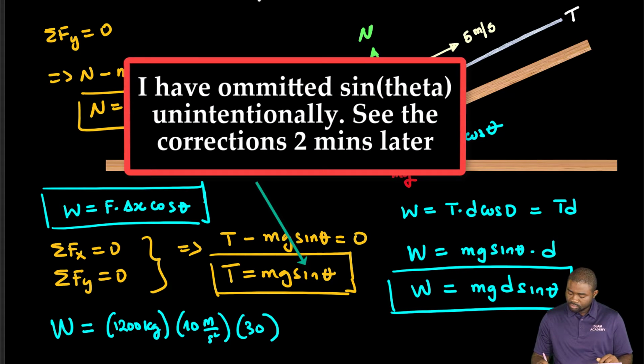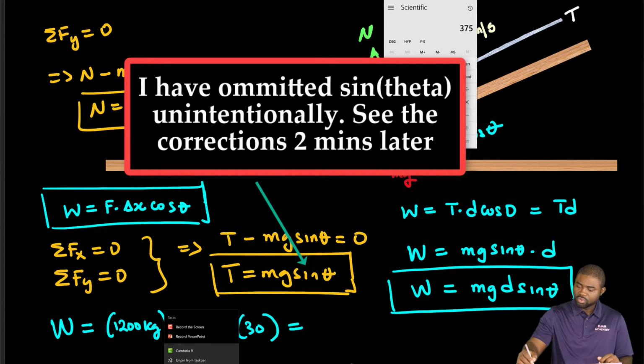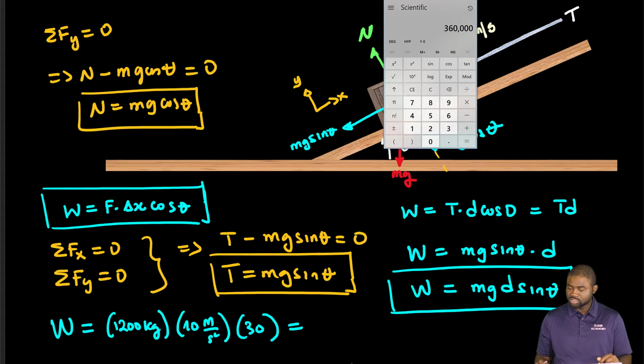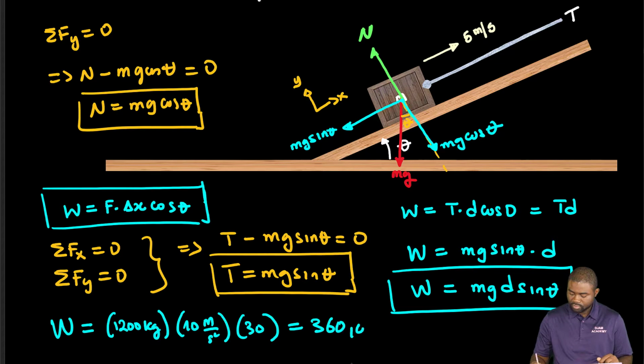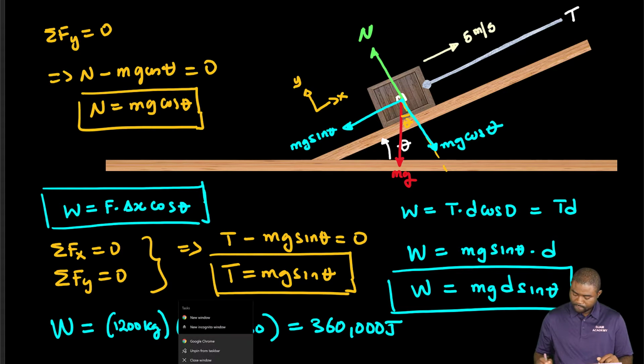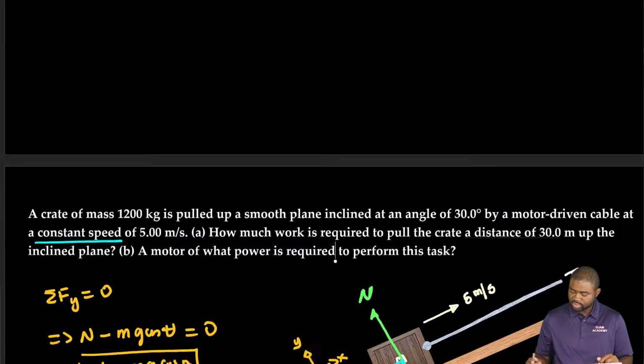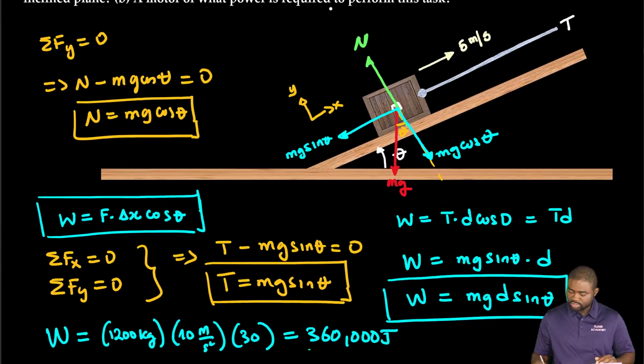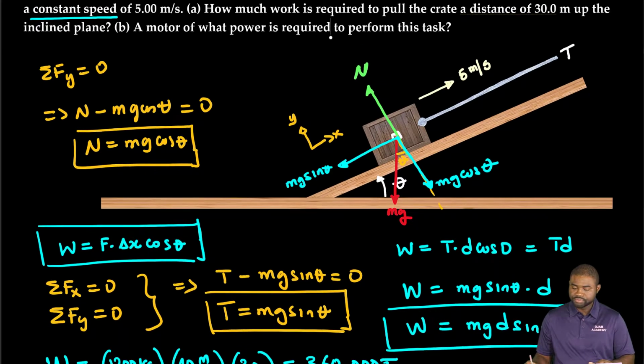If you multiply all of this, you have 1,200 multiplied by 10 multiplied by 30. That gives us 360,000 joules, just to be sure. So this is the total work required.